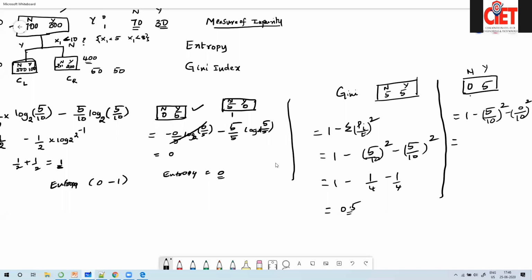So this is 1 minus 1 by 2 whole square, which is 1 by 4, which is going to be 0.75. That's not right. I made maybe a mistake somewhere over here.